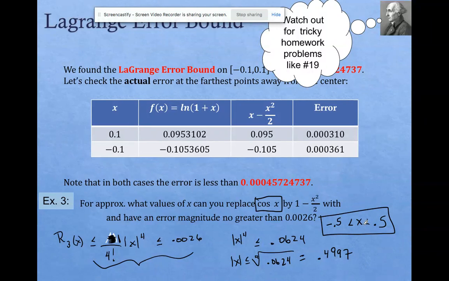Pick any x's in between there, plug into this upside down parabola, and approximate cosine. And if you use any x between here, your error is guaranteed to be less than 0.0026. Woot, woot.